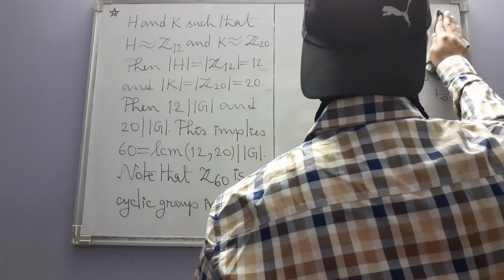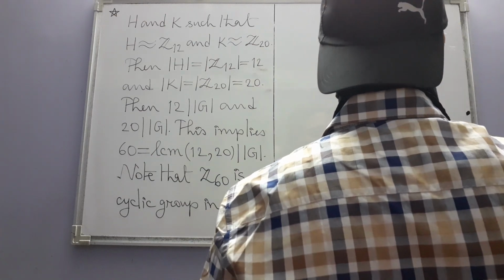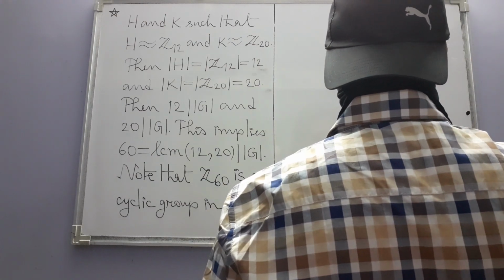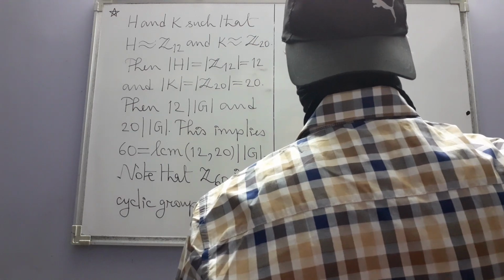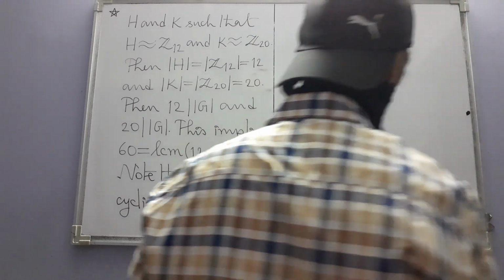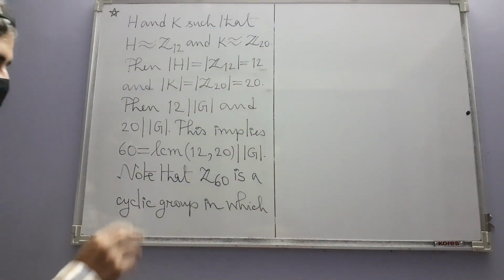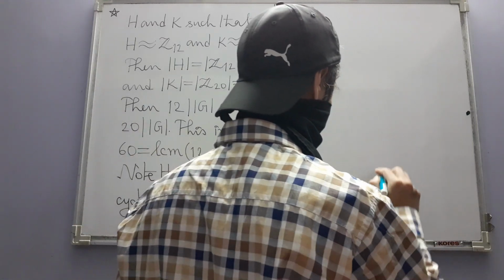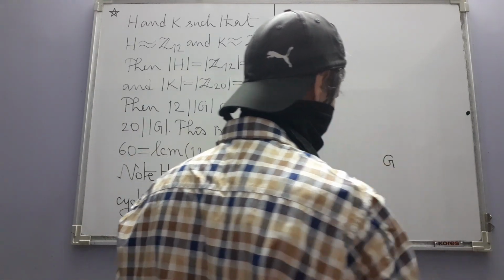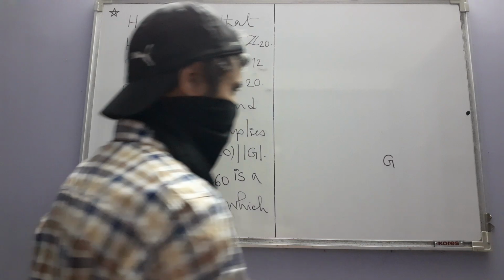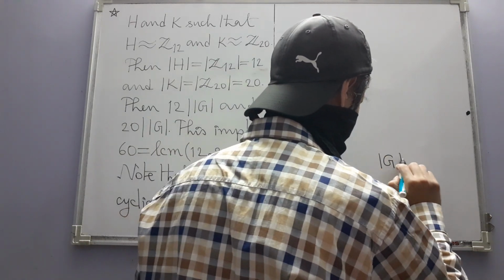And in fact, from the classification of subgroups of a finite cyclic group, we know that, let's just recall the classification. Say G is a finite cyclic group, and suppose the order of G is n.